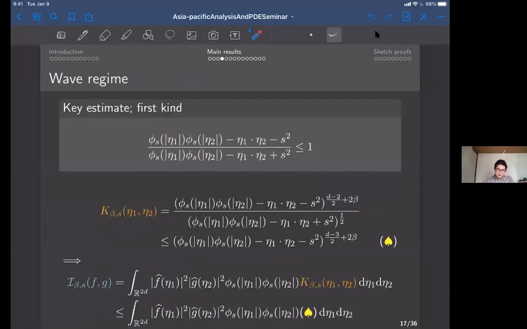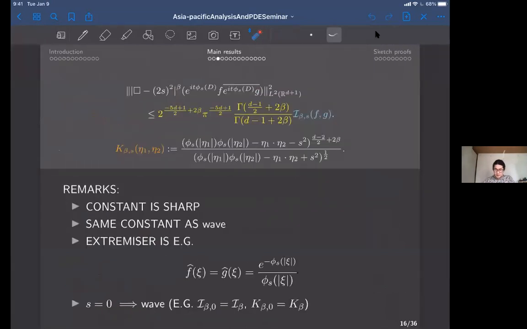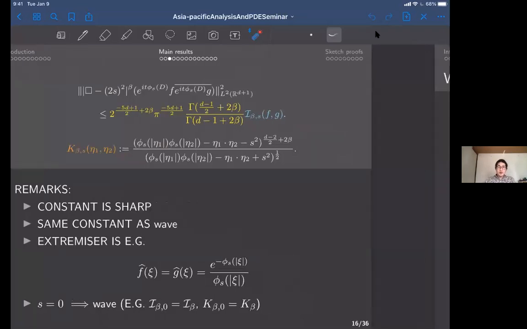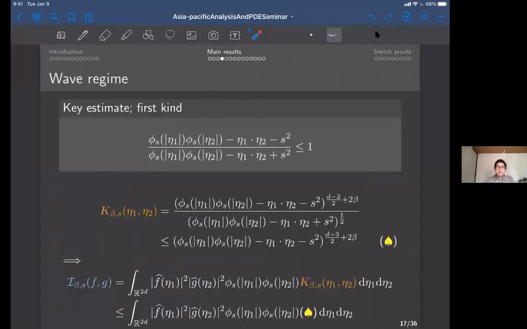Right. Then our task here is to estimate this kernel so gently that we can have the Sobolev norm, and at the same time, we have the optimal constant. And there are two ways to do so.